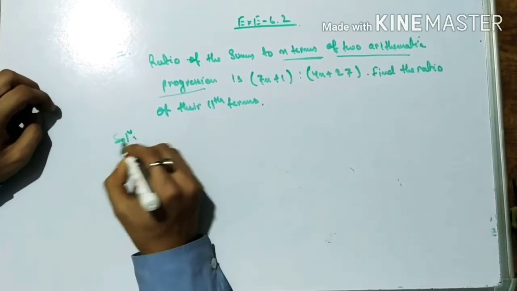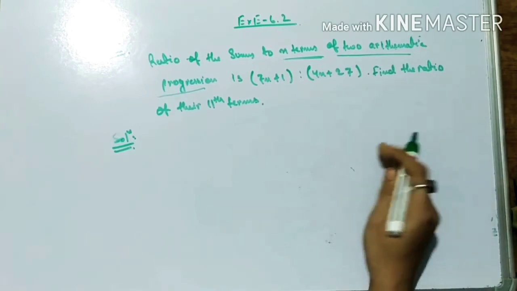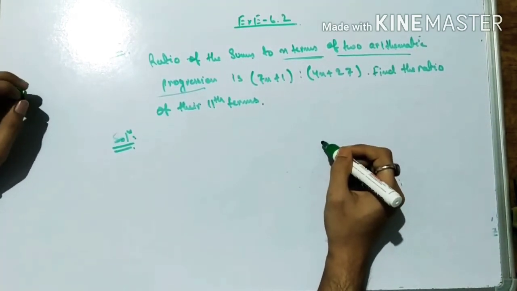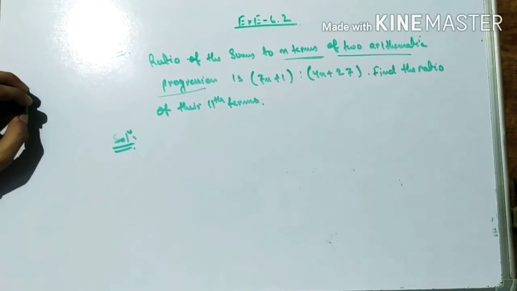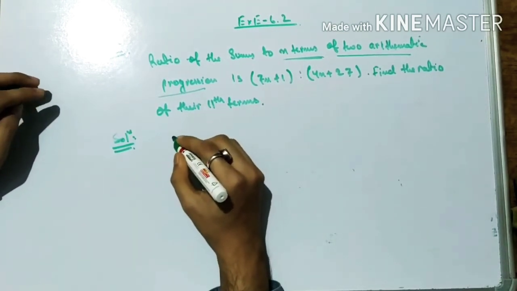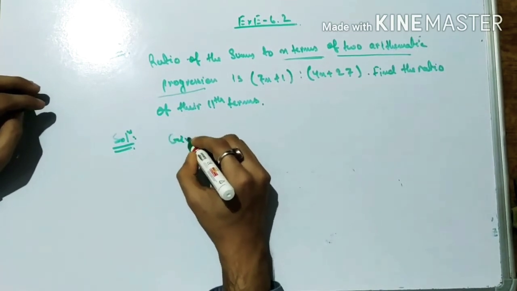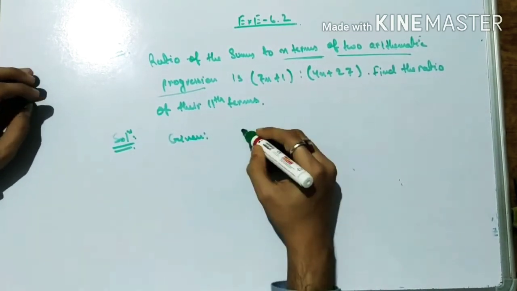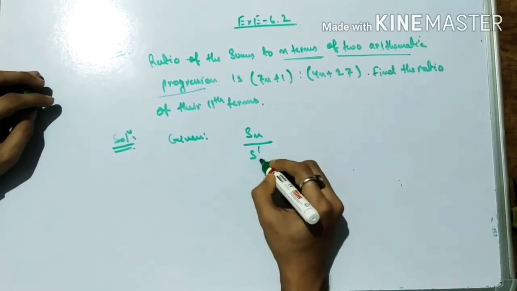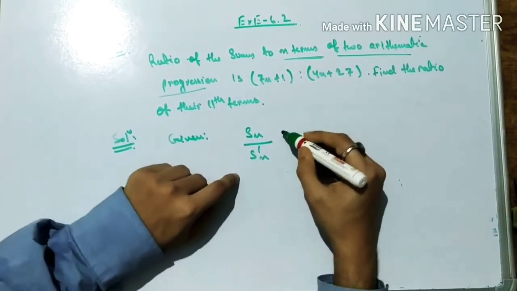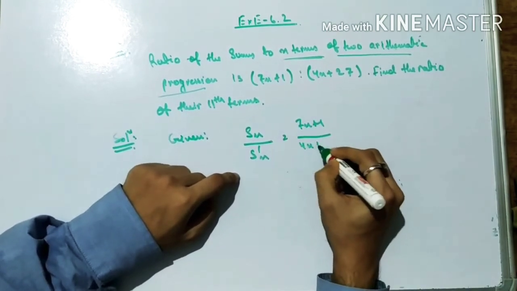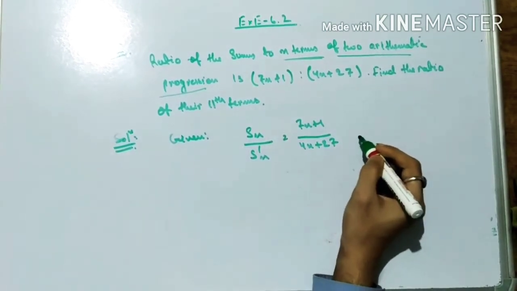So in here solution, I can write, given that Sn by S dash n is equals to 7n plus 1 by 4n plus 27.